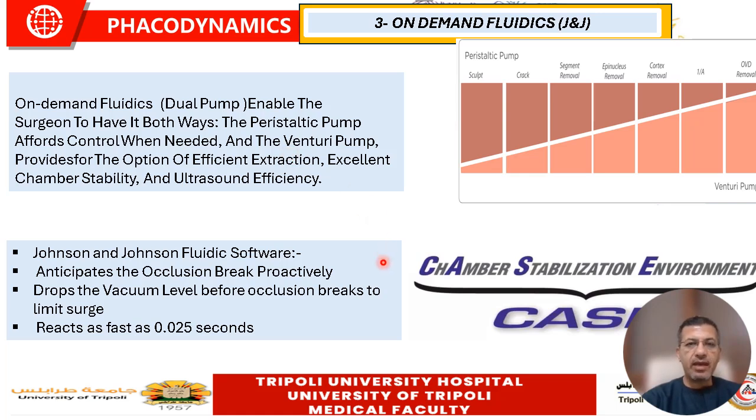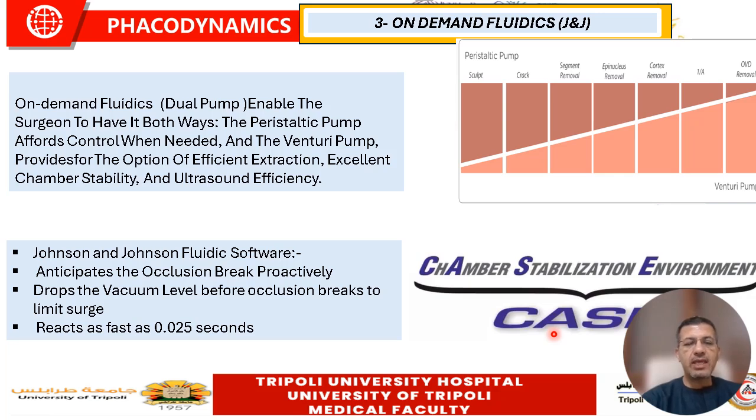Another new innovation in the Johnson & Johnson phaco machine is what's called the Chamber Stabilization Environment software, or CASE software. This software is meant to cope with the occurrence of surge. This is called occlusion mode, and it is activated upon activation of a trigger.